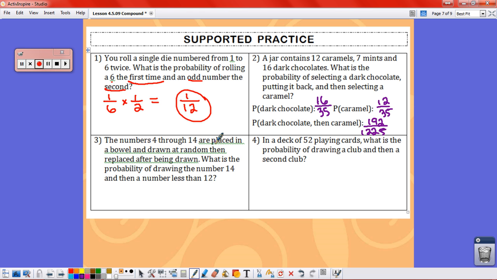Numbers 4 through 14 are placed in a bowl and drawn at random, then replaced after being drawn. What is the probability of drawing the number 14 and then a number less than 12? So there are the numbers 4 through 14. So that's 4, 5, 6, 7, 8, 9, 10, 11, 12, 13, 14.